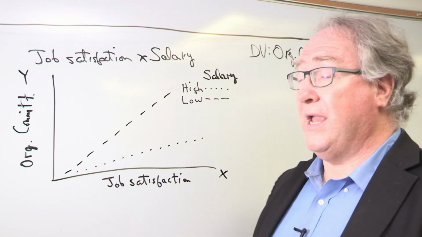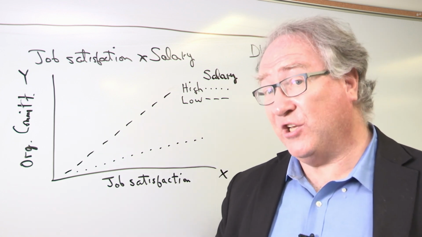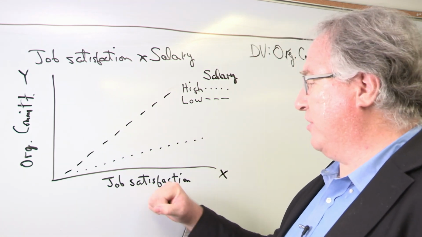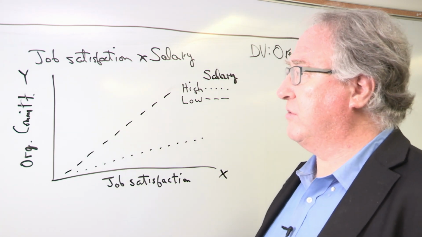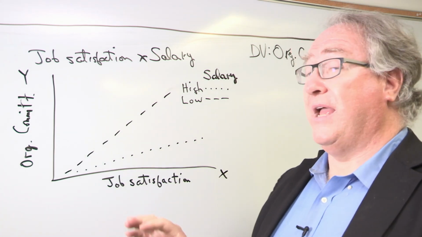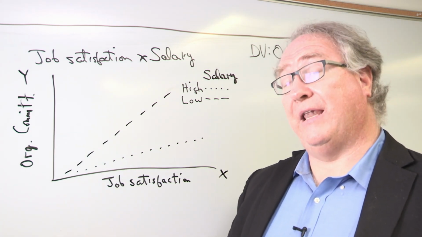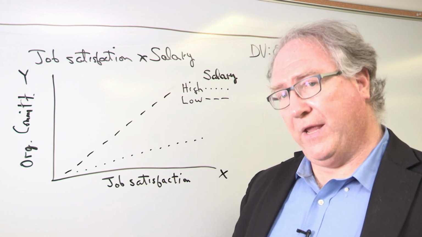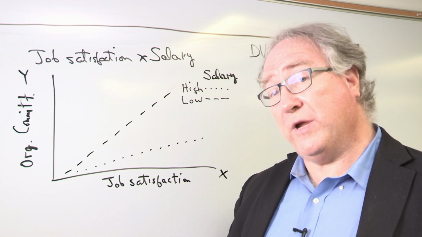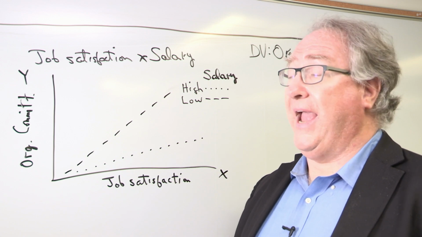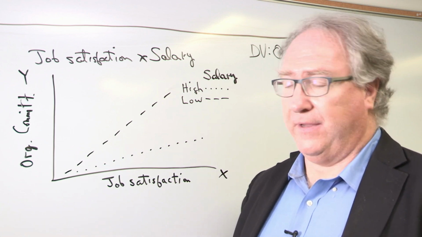Important for us to know, it adds additional complexity to our understanding of the effect of job satisfaction on organizational commitment. Now, let's take it a step further, and let's look at a three-way interaction and how that would be understood.